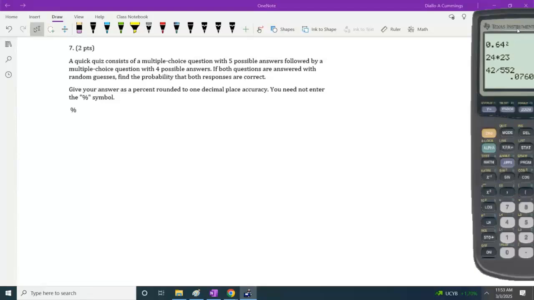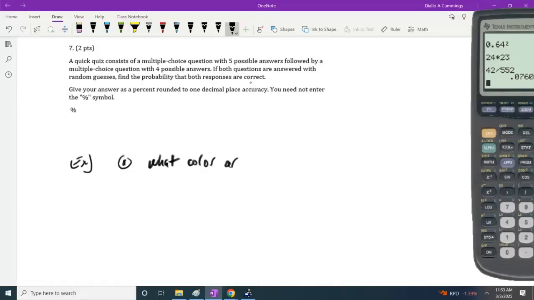If both questions are answered with a random guess, find the probability that both responses are correct. So now, how many questions on this quiz? There's only 2 questions. So this is just an example of what this looks like. So question 1 has how many answer choices? 5.